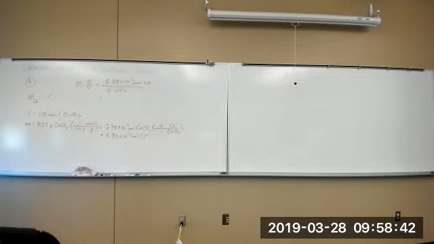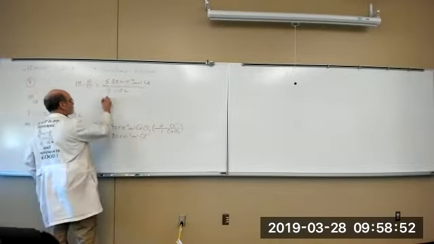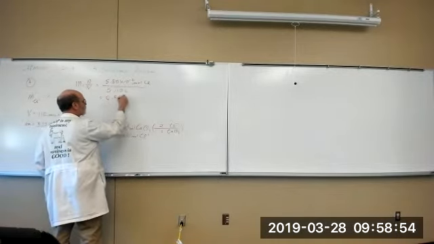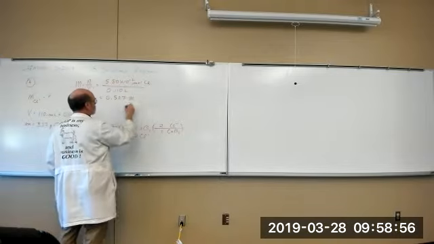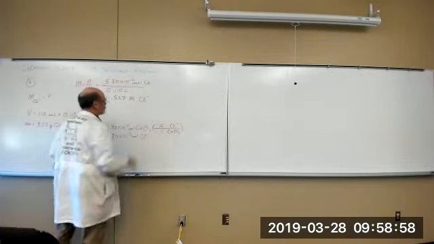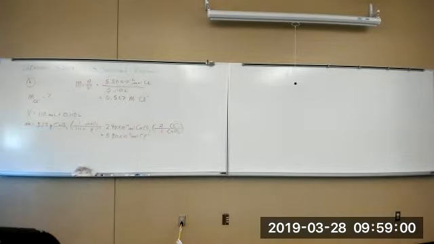Yep. So I get, I'm going to use standard notation, 0.527 molar chloride. The closest one I can get to is C, 0.528. So that's the best answer.